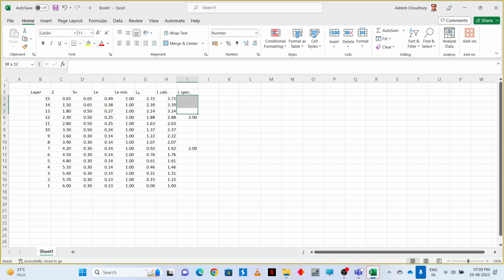And for the top 3 layers, we can provide 4 meters. Okay, so this actually completes the design part.